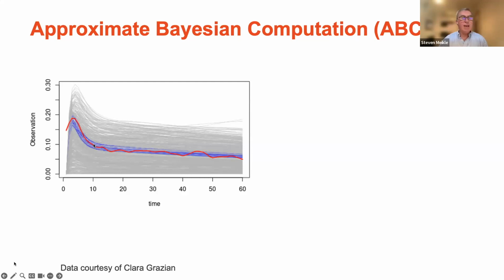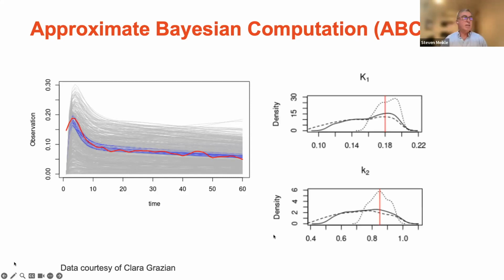The red curve is the actual noisy observed or simulated PET data, and the blue curves are the ones that she accepted with the tolerance that she was using in this case. And this is an example of what those posterior distributions look like once you've estimated them. The red vertical bars here are the true values, as these are simulations, so we know what K1 and K2 are.